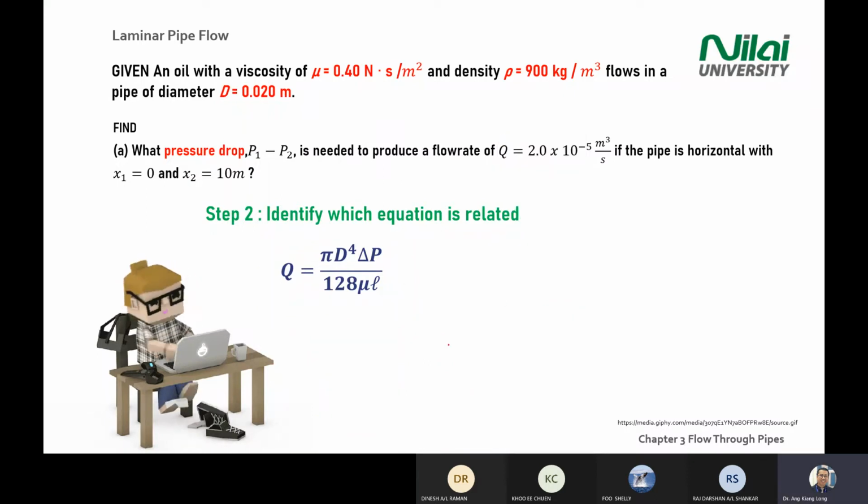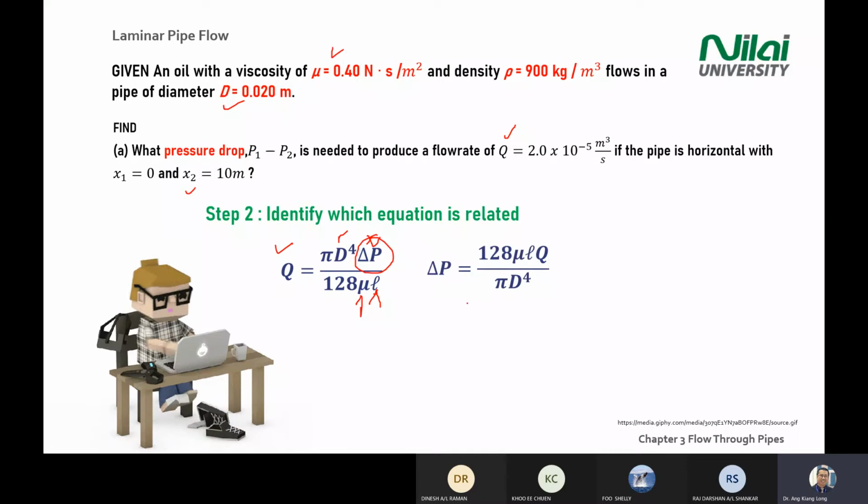So you have this equation, you have the Q, the D, the mu, the length. Q given, mu given, length given. Length you calculate from x2 and x1, rearrange, you get delta P. Okay, make sure the units are correct.